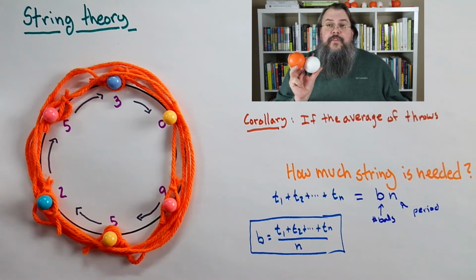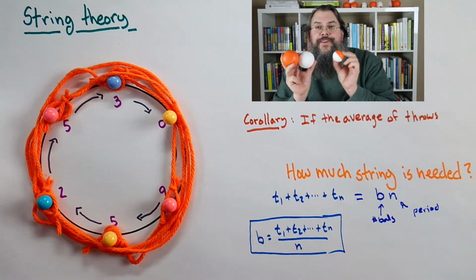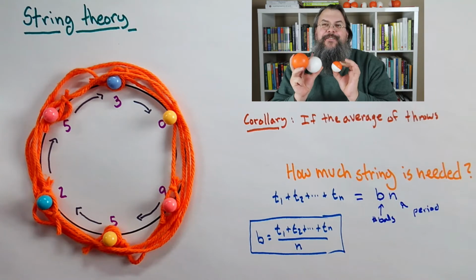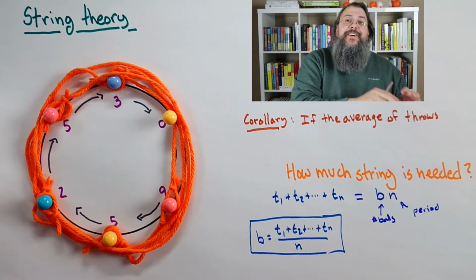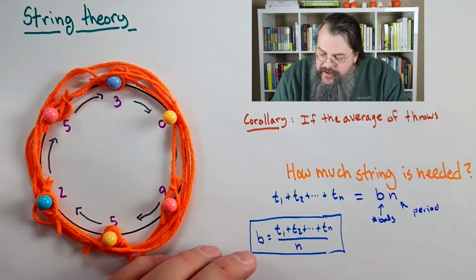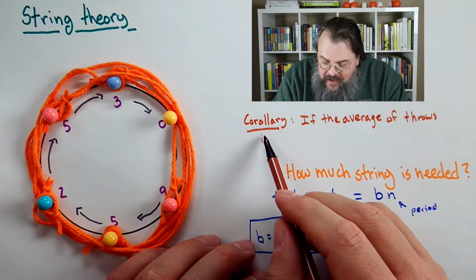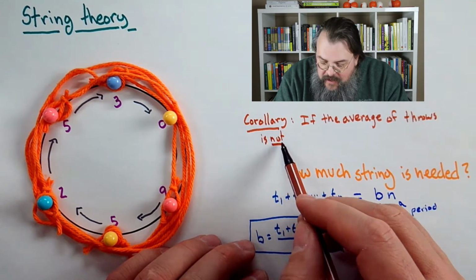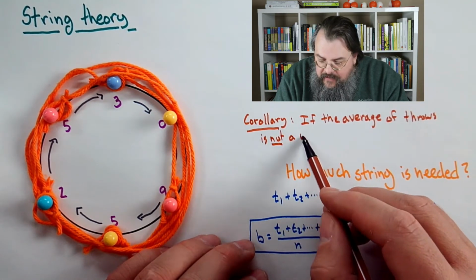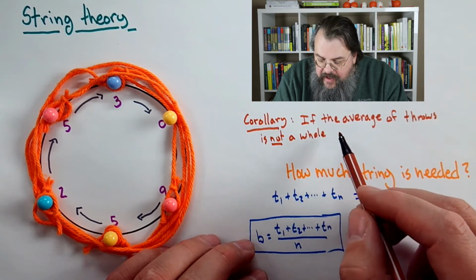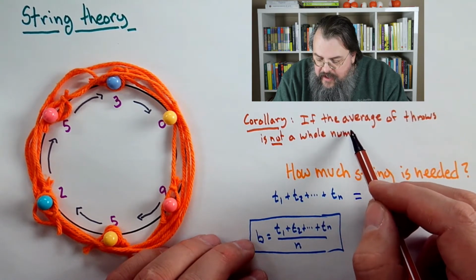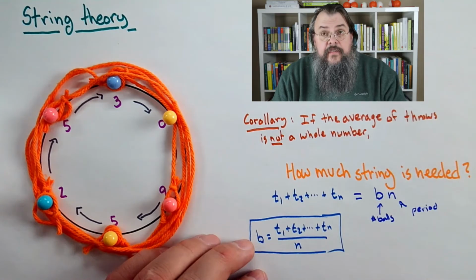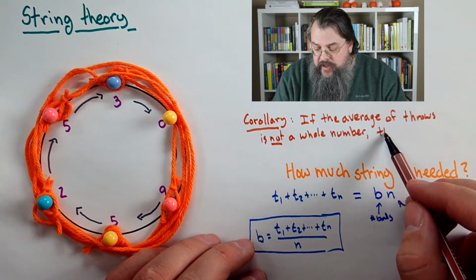Like 2 normal sized balls and like a medium ball. No. That's not what it means. It means, look, you can't juggle it. So if the average of throws is not a whole number, then it's not valid siteswap. Can't be juggled. All right. So it's good to write these facts down.